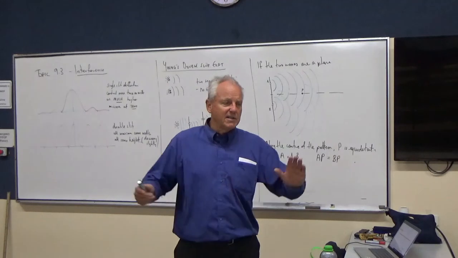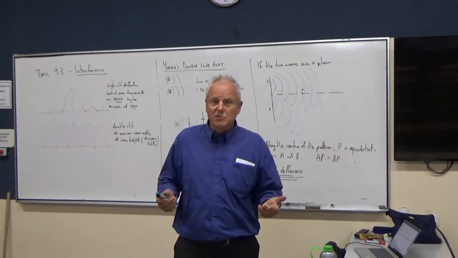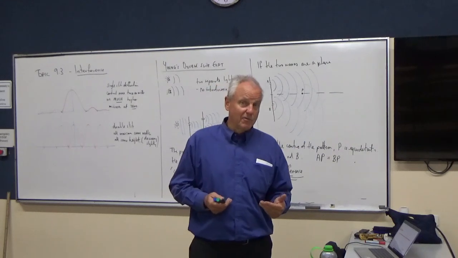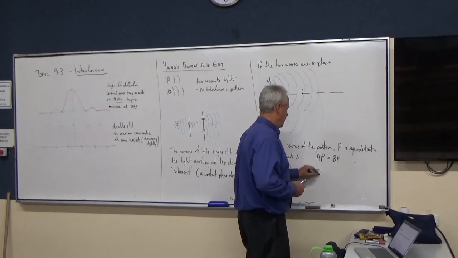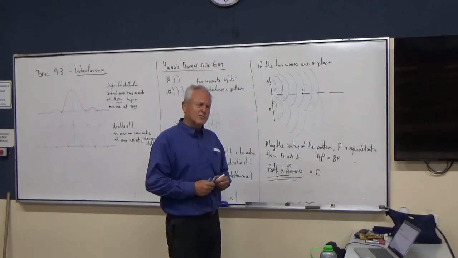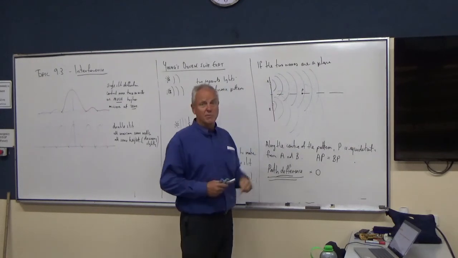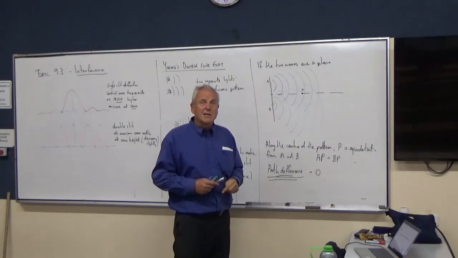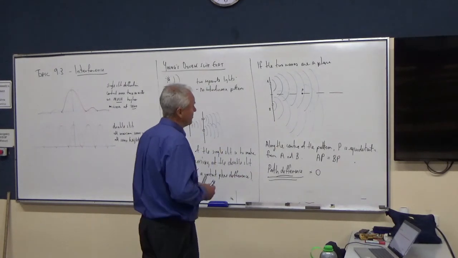And so anything to do with diffraction, and particularly to do with interference, at some stage you should mention path difference. Path difference is 0. What does path difference mean? How much further does the wave from A have to go compared to the wave from B? Nothing. It's the same distance. Okay. So the path difference is 0.